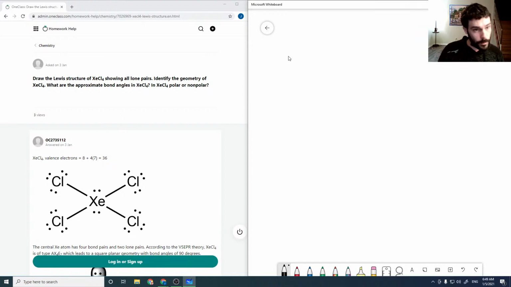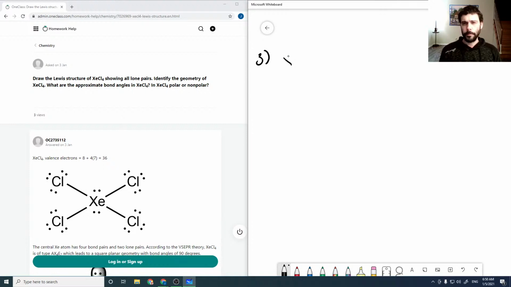Okay, so for the third question, it wants us to draw the Lewis structure for XeCl4, show all lone pairs, identify the geometry, what are the approximate bond angles, and is it polar or non-polar.